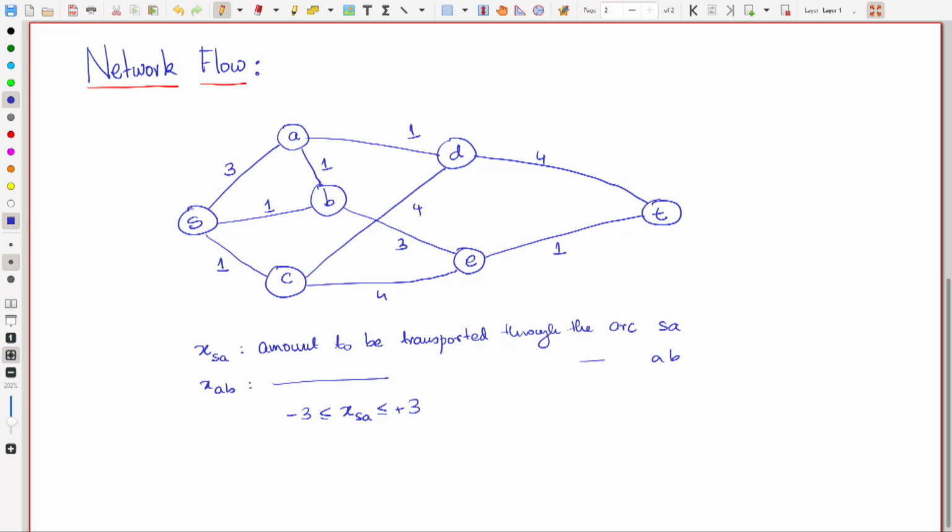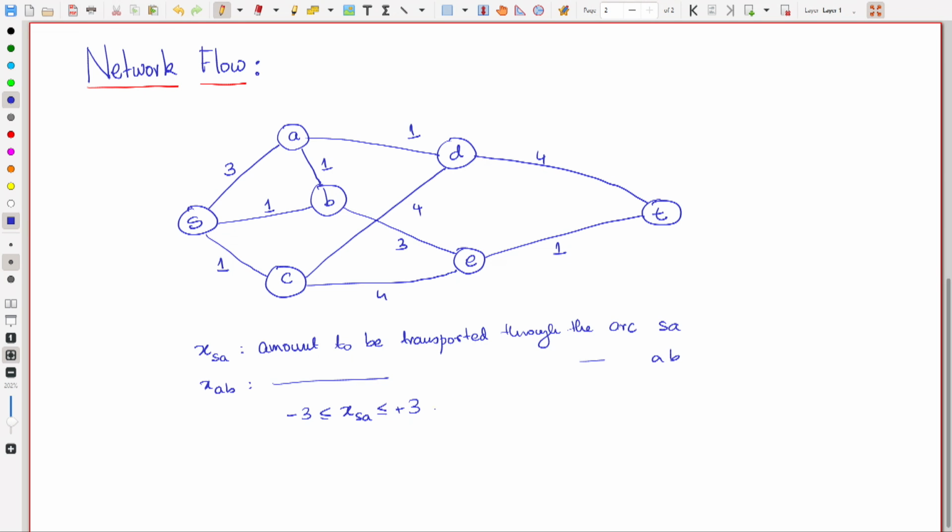It is important to allow backflow also. Sometimes you can increase capacity. Maybe the capacity of going from here to here is high, and then you want to move things in both directions to optimize your flow. So we will allow these flows to be positive or negative.